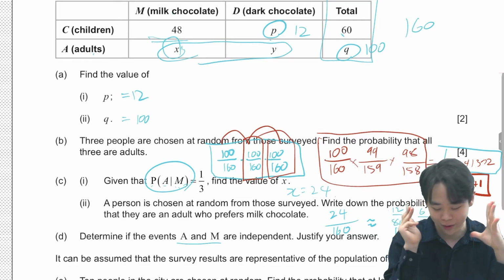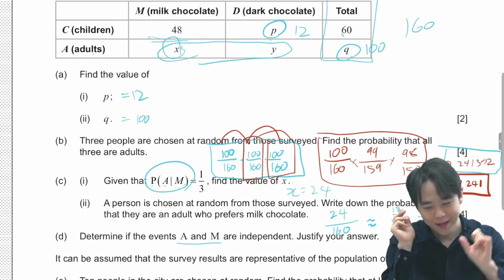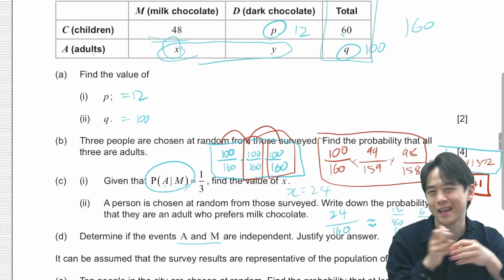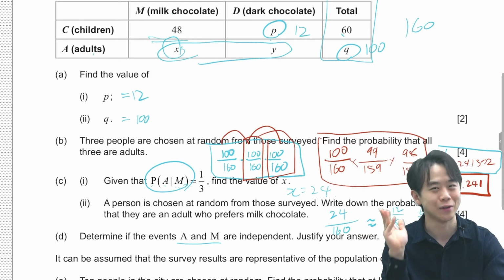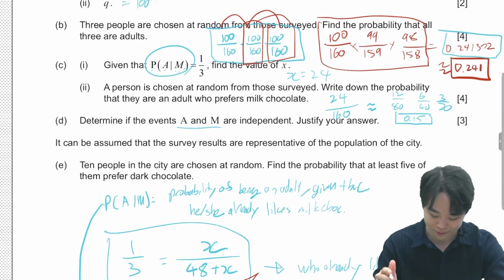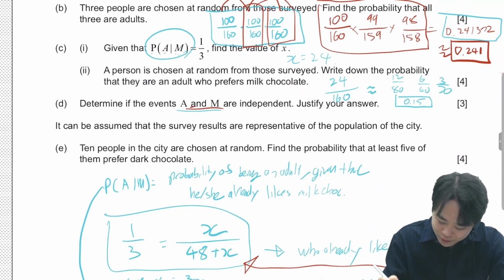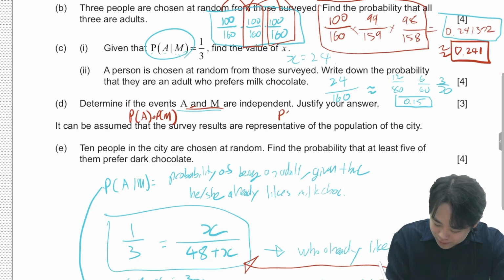There's a lot going on with this situation, but instead of going through a contextual argument, I would just go with the formula right away. If these events are independent, then the probability of A times the probability of M should equal the probability of A and M.